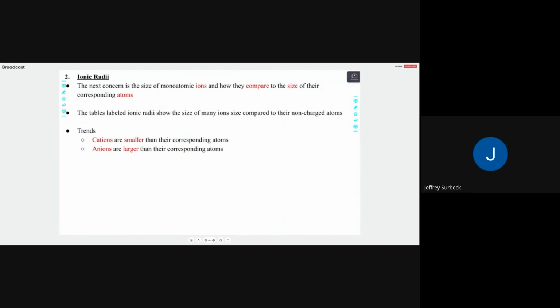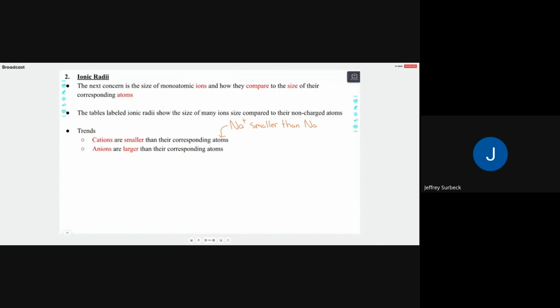Let's just put it into simple terms. If we talk about our cations, the cation of sodium, Na with a 1 plus, is going to be smaller than its sodium atom. The positive ion is smaller than the atom itself.